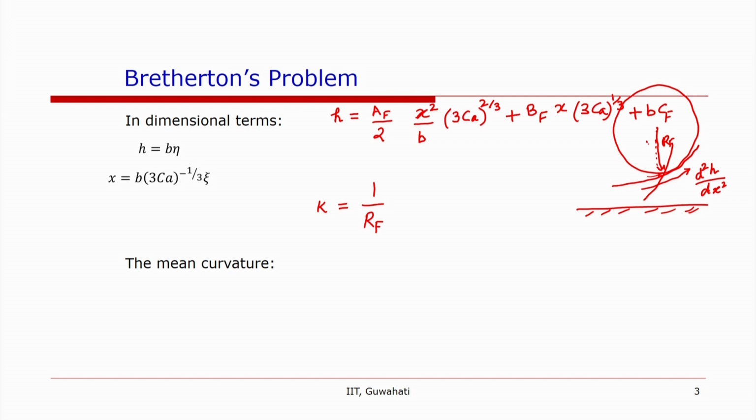So kappa, the curvature, is equal to 1 over Rf plus d2h by dx2, and from this equation we have d2h by dx2 is equal to Af over b into (3Ca) raised to the power 2 by 3.